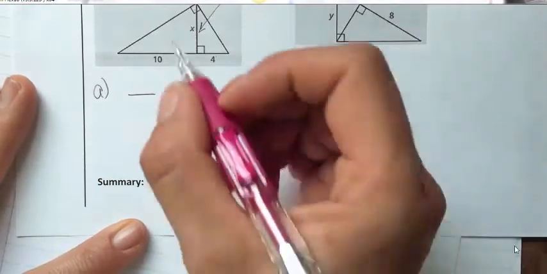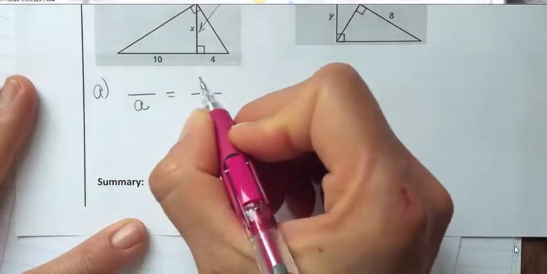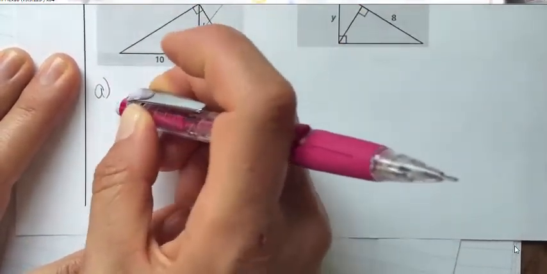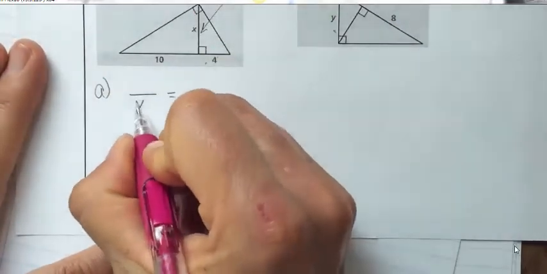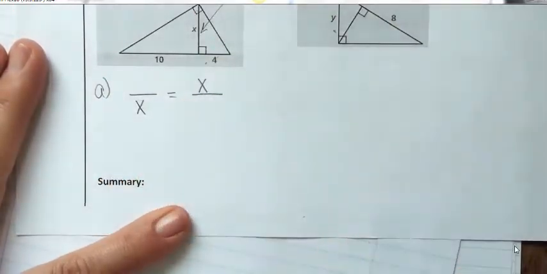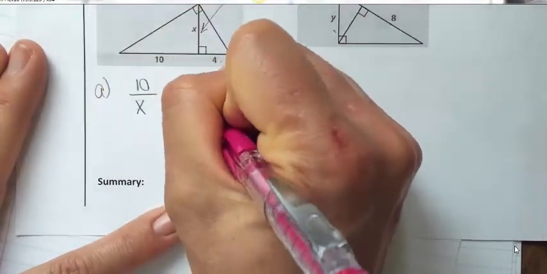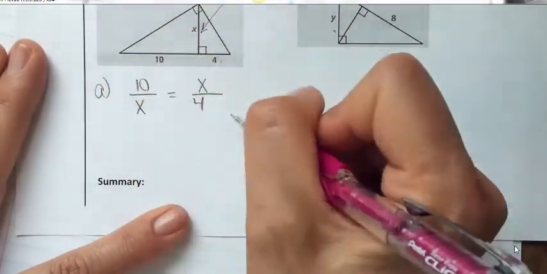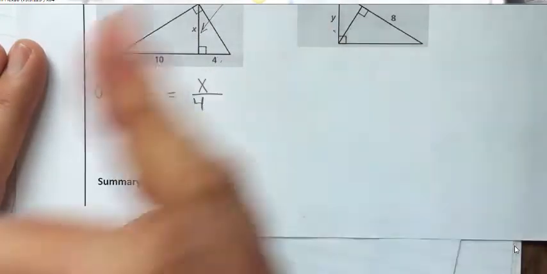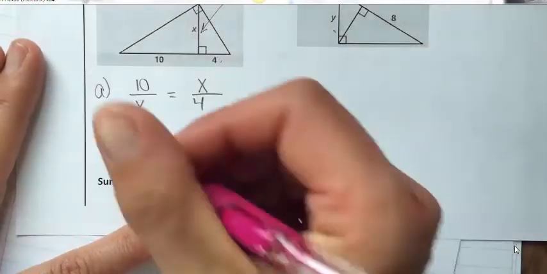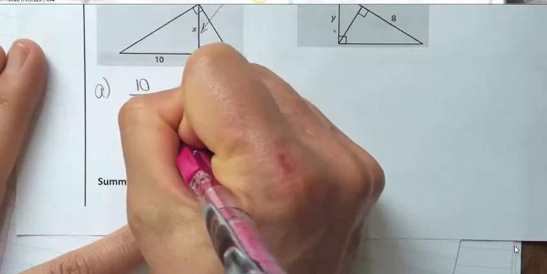The altitude is that geometric mean, so it goes in the middle. We'll use x, not A, because they give us that. And it doesn't matter where you put these two, so I'll just put 10 and 4, because when you cross multiply, it doesn't matter the order, right? If I put the 4 here, the 10 there, you're going to get the same exact number. So I get x squared equals 40.